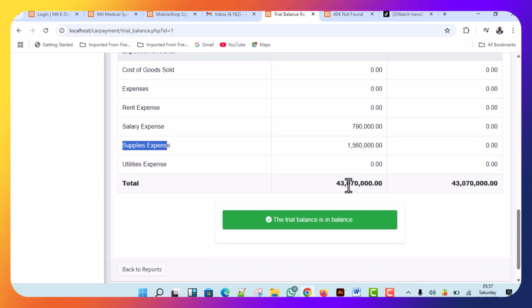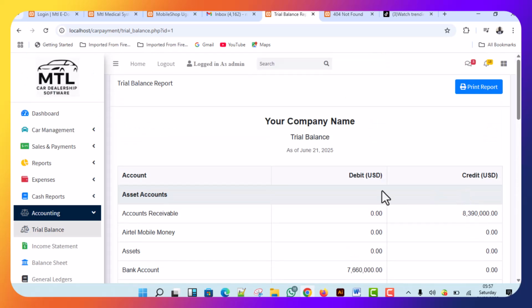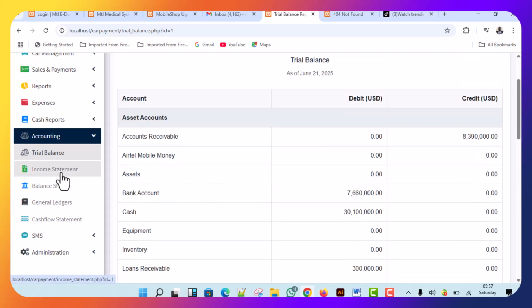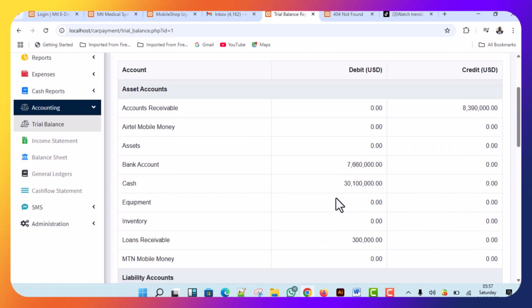At the end of the day, we see our trial balance is balancing: 43 million and 43 million, because in accounts we do double entries. If a sale is recorded, it's recorded in credit and debit, so that we balance the accounts. I'm not good at accounting, but that's how the system works.